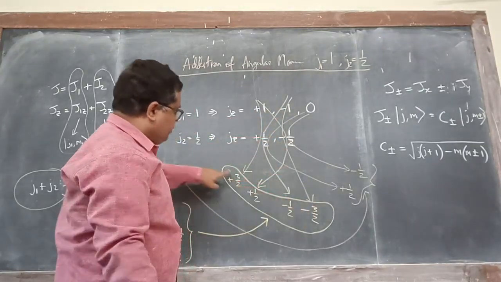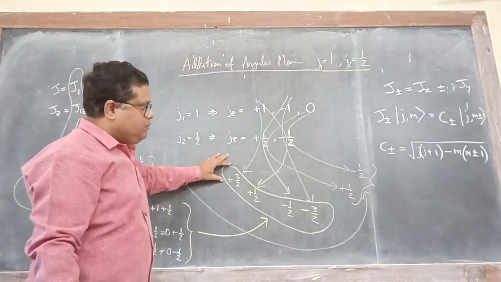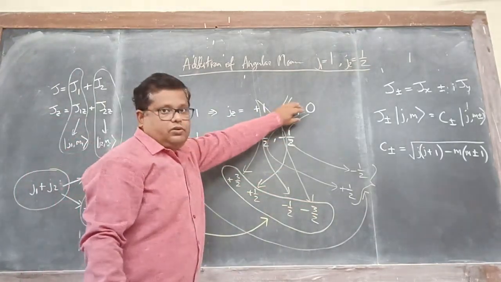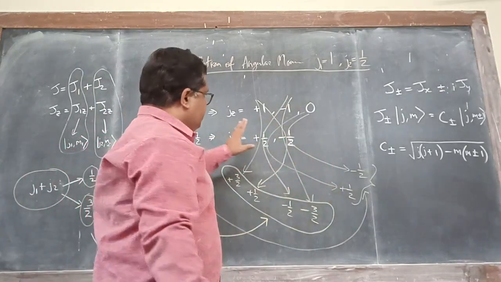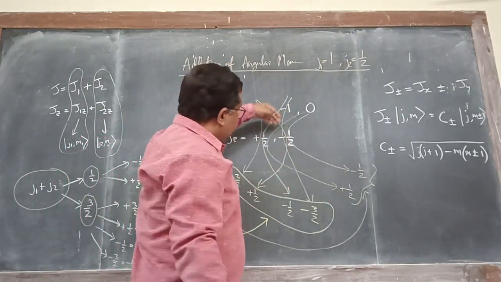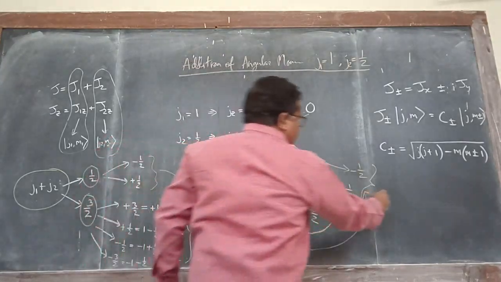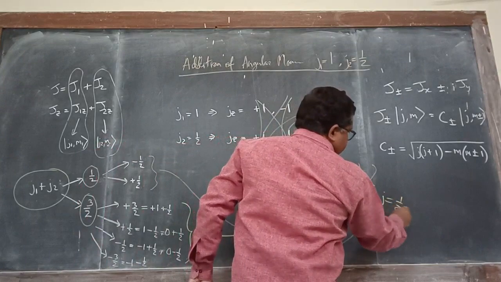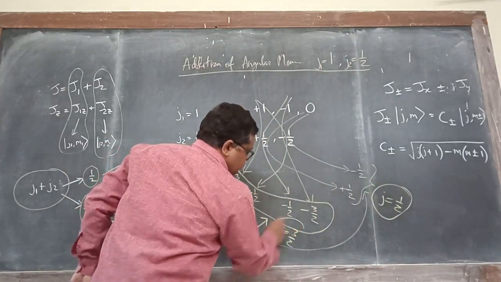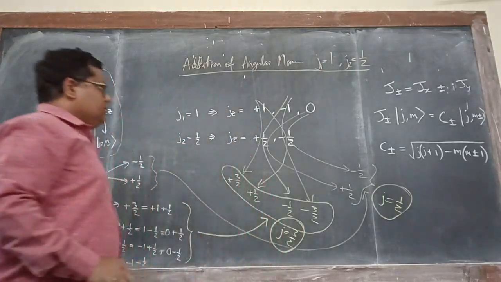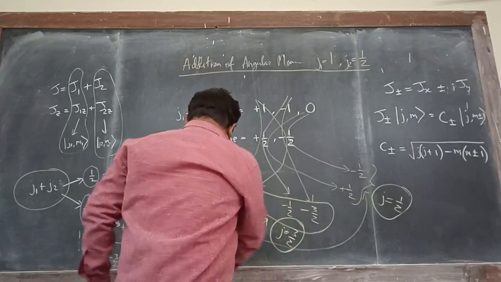These states will correspond to the j equal to 3 by 2 states. And here I have written it differently compared to the previous diagram. So 0 plus half and 0 minus half, they are separate. They correspond to the j equal to half state, and this corresponds to j equal to 3 by 2. Okay, so this is the correct one. Fine.